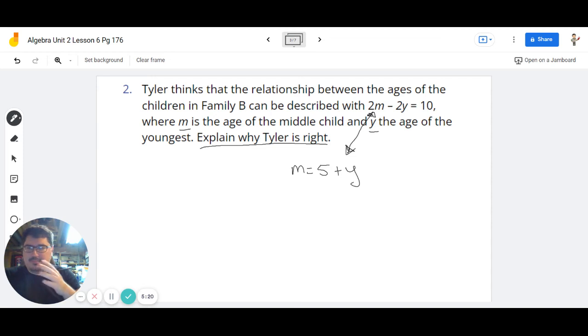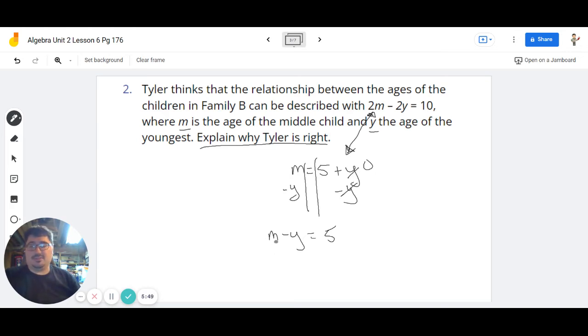So let's make it kind of look the same. We notice that it's 2m minus 2y. So we need to change this to this side. So let's subtract y from both sides. So m minus y equals 5 because this goes to 0 now. But it's not m minus y equals 5. It's 2m minus 2y equals 10.